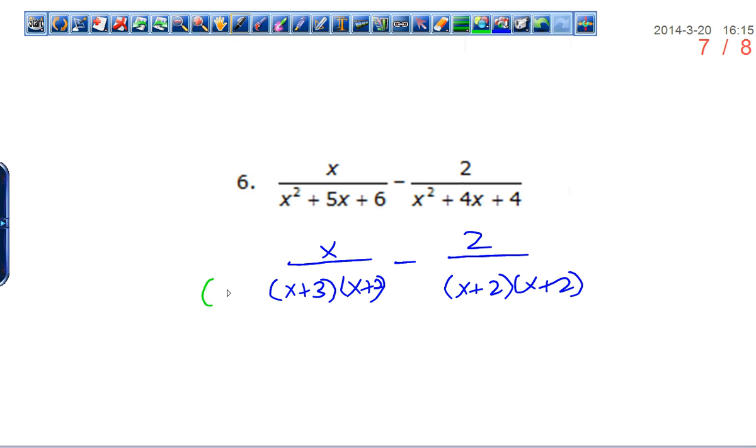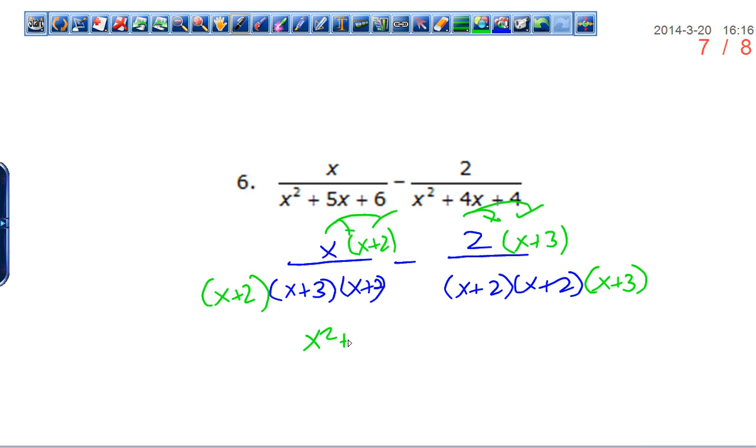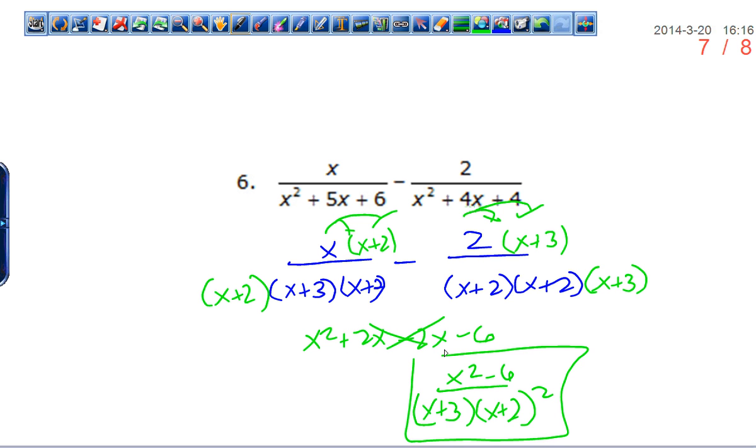Well, we can't take anything away, so this one needs another x plus 2, and this one needs an x plus 3. Distribute and subtract. So we got x squared plus 2x minus 2x minus 6. Those cancel out, so my answer is x squared minus 6 over x plus 3. And then if you want to write x plus 2 squared as opposed to writing it twice, that's fine by me.